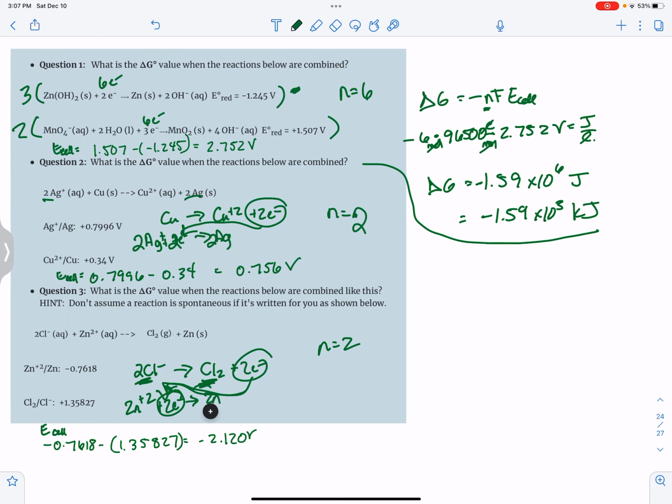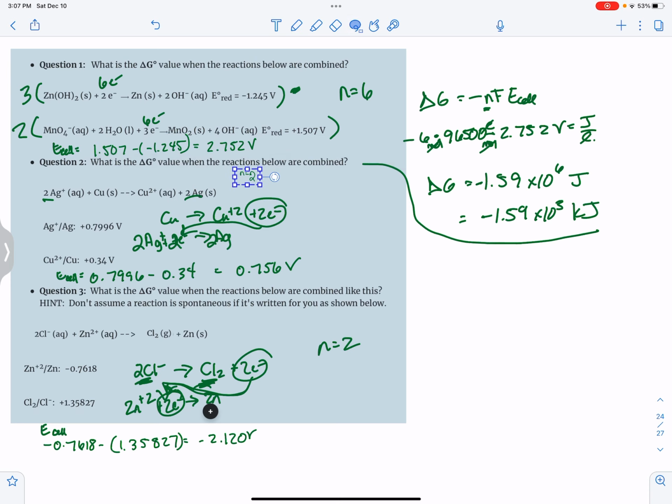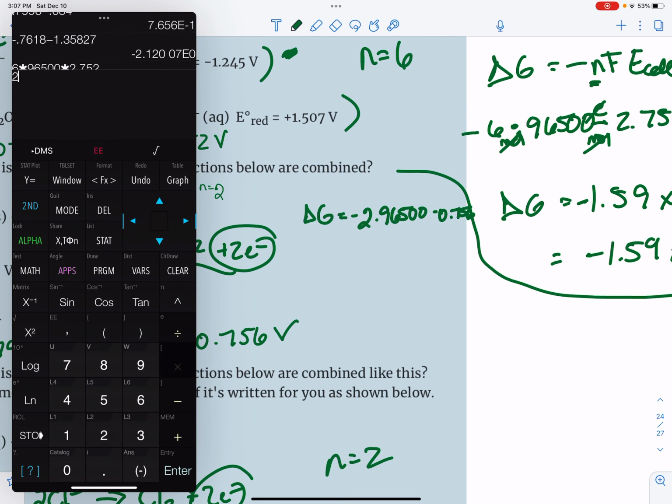So then in the next one, I can probably squeeze this one in over here. So delta G is equal to -2 times 96,500 times my E cell, which is 0.756. Bring this over, 2 times 96,500 times -0.756.